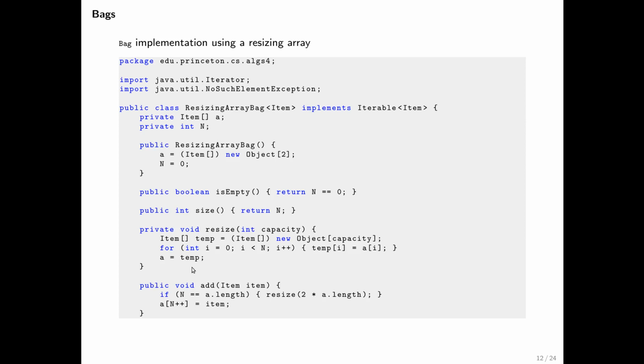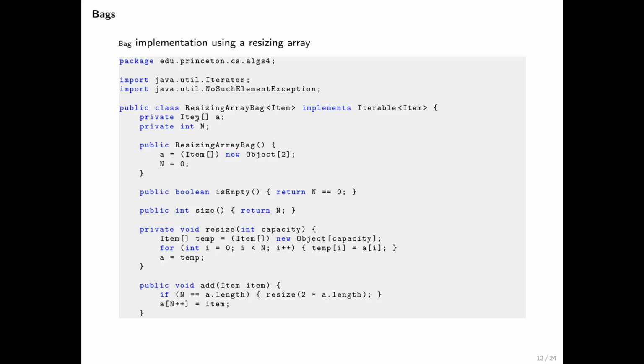It will grow when there is no room in the array to add a new item, and it will shrink when there are few items in the array compared to the capacity of the array. In that case we shrink, and hence this implementation is called the resizing array implementation. So let's see how this works.